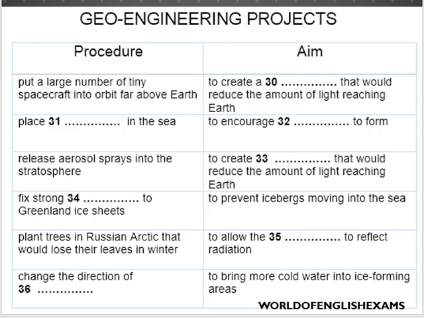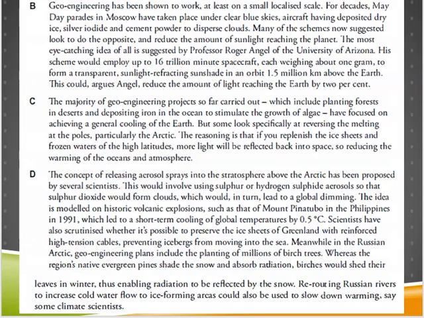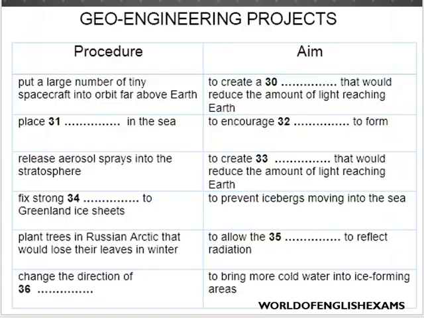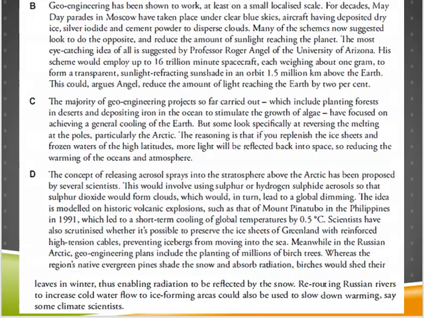Change the direction of dash. Okay, then the subsequent line itself, rerouting Russian rivers. Rerouting is nothing but changing the direction of Russian rivers. So we need to write the answer as rivers to bring more cold water to ice forming areas. So that completes the sentence.